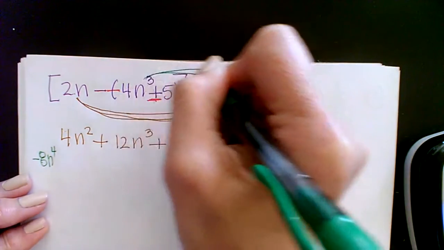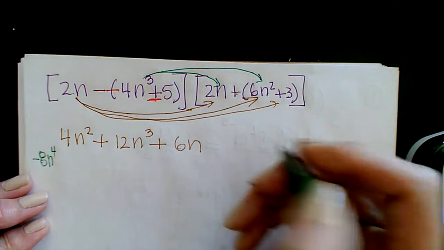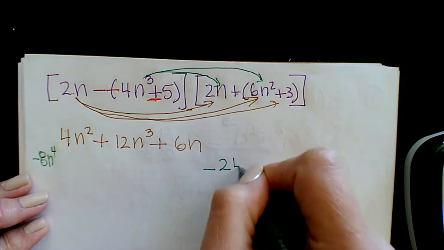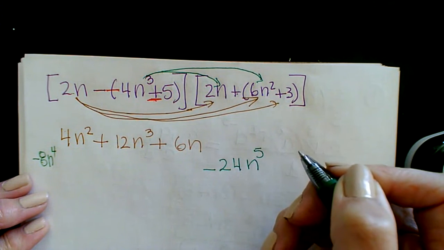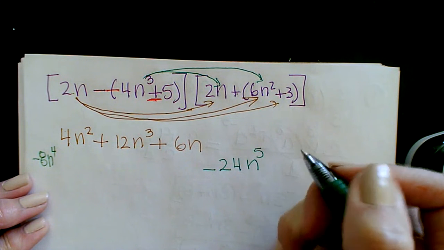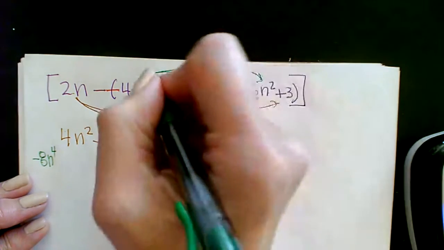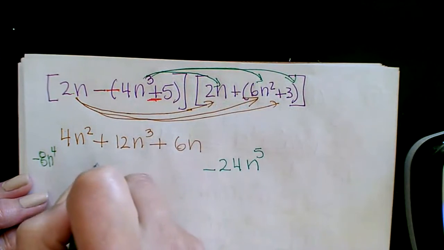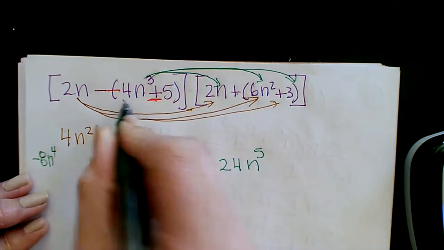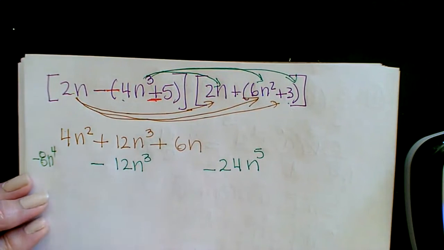Now this one is going to be negative 24n to the fifth power. And the last one is going to be negative 4 times 3 is 12n to the third power.